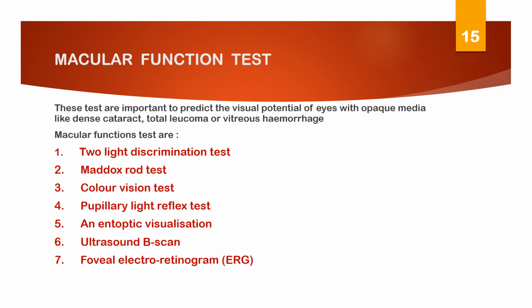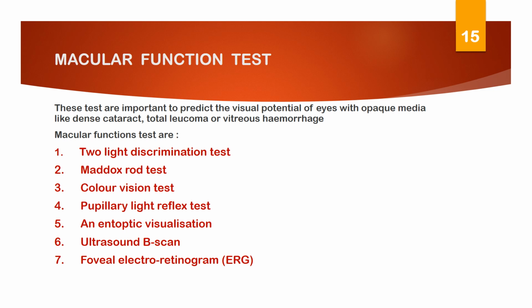Then coming to the macular function tests, these tests are important to predict the visual potential of the eye with opaque media, like dense cataract, total glaucoma, or vitreous hemorrhage. Macular function tests: two light discrimination test, performed in a dark room.